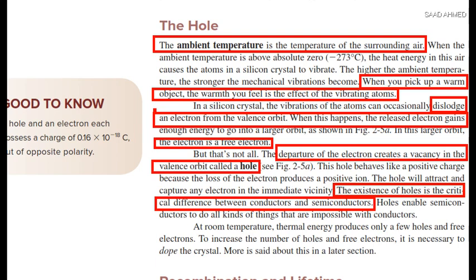So this is a hole, and you just need to remember that holes are positive charge carriers and electrons are negative charge carriers.